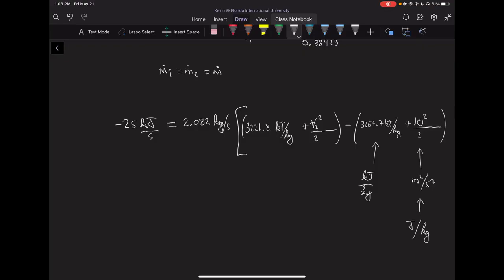Since we use kilojoules for most of everything, why don't we convert our velocity term to kilojoules per kilogram?